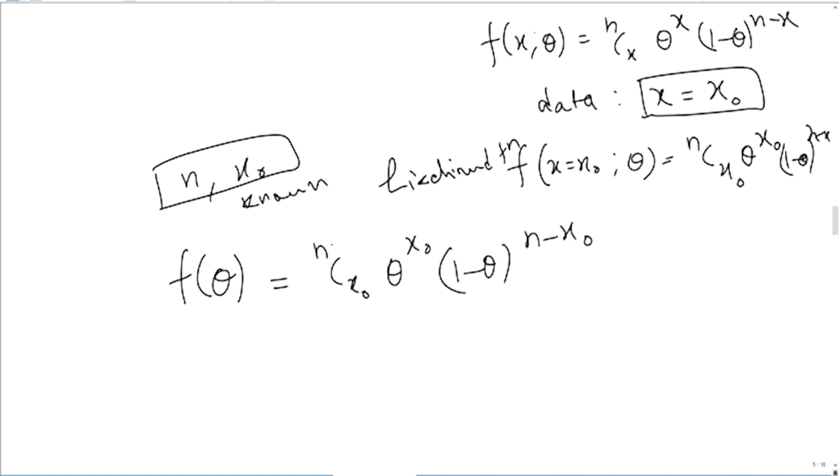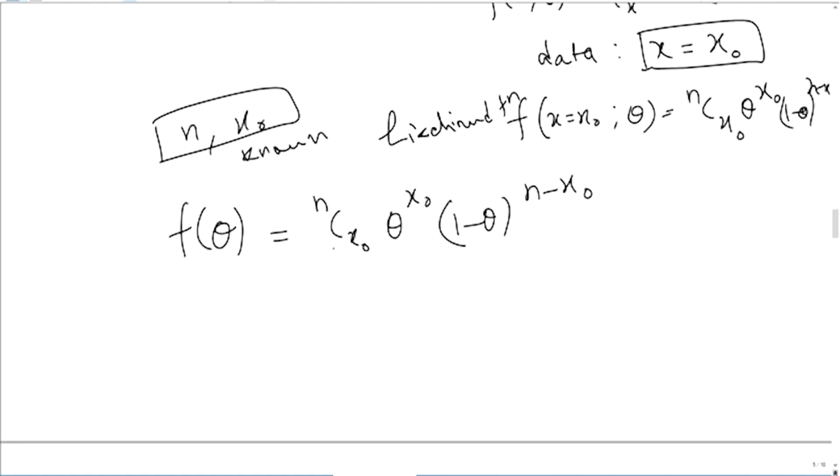Now suppose I want to calculate the maximum likelihood estimate of theta. This is the likelihood function of theta. What does that mean?